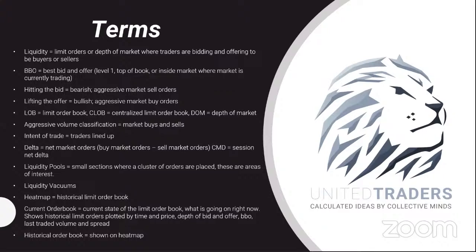LOB is the limit order book. That is what we showed on the DOM in the previous slide. CLOB is your centralized limit order book. This is something like for futures. I'll just do a quick explanation of this. Futures trade on one exchange. It's the CME exchange. When we're referring to ES, there's the CBOT, there's the New York Mercantile Exchange. There's all a centralized limit order book because they all get routed to the same exchange.